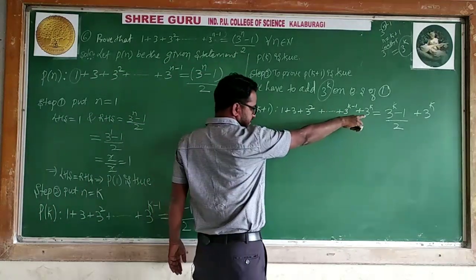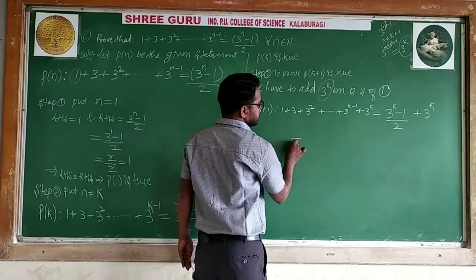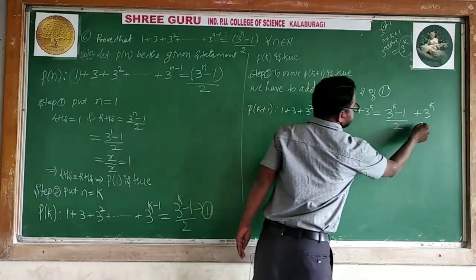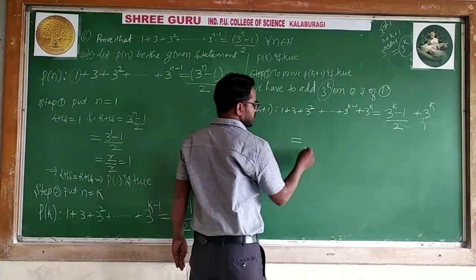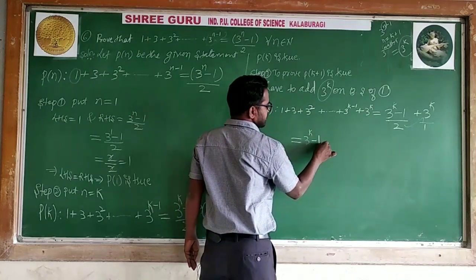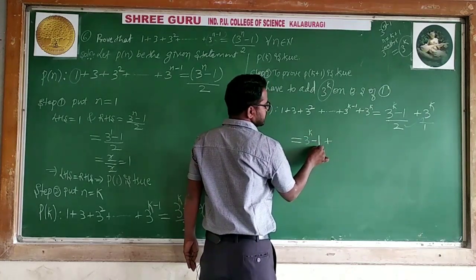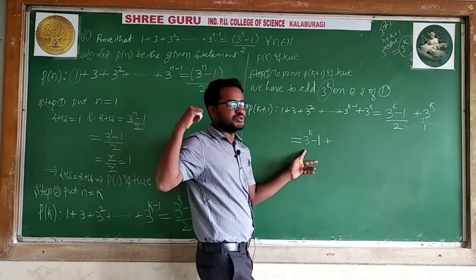So instead of writing there, I will write here because I need some space. What is the LCM? 2 is the LCM. 2 you can multiply; here, nothing means 1 will be there. 3 to the power k. Listen to me, this is the main step, you concentrate here. Up to that, the first and second steps you can do easily.